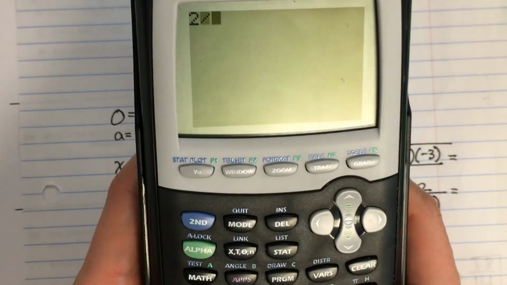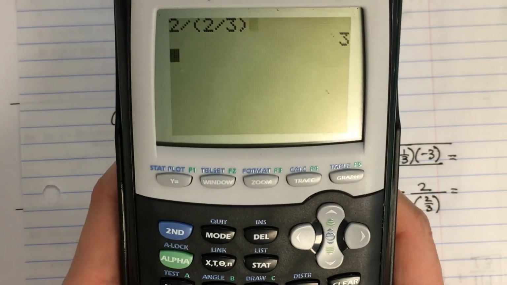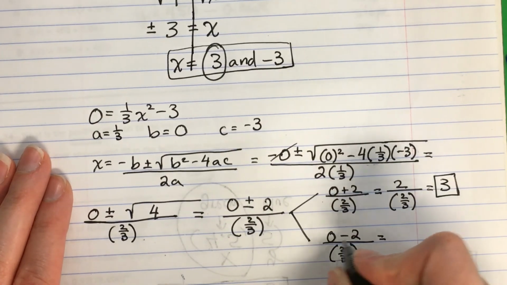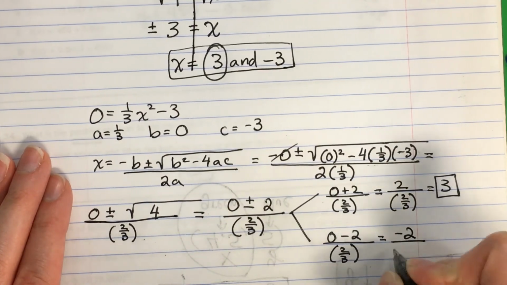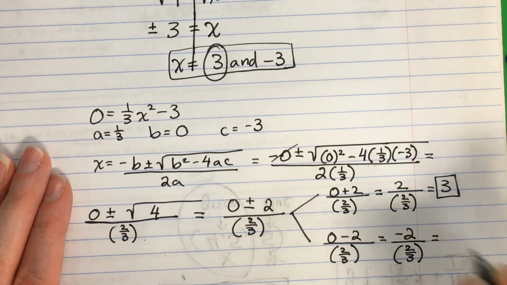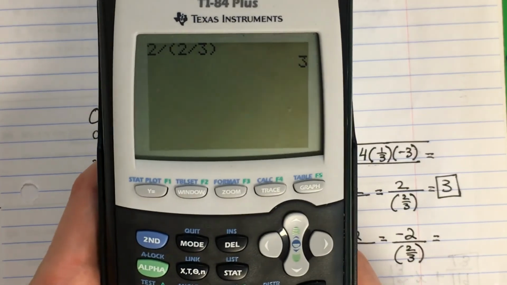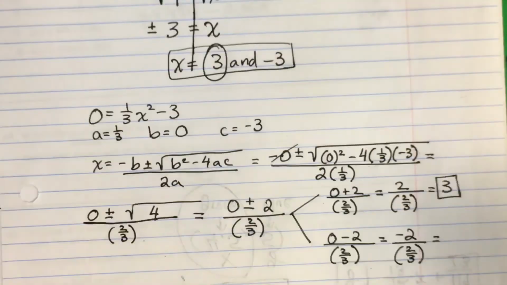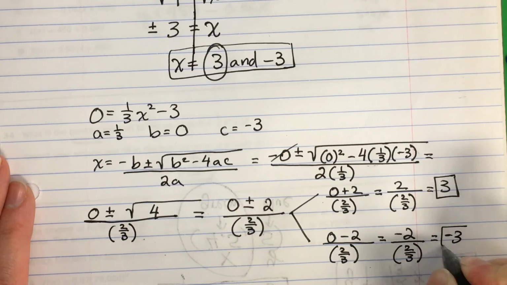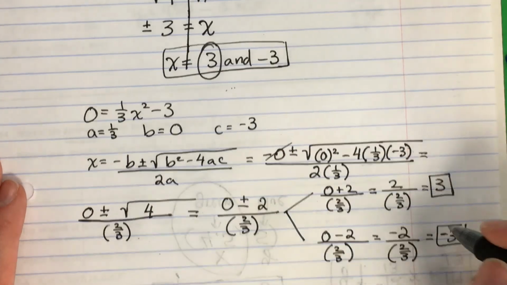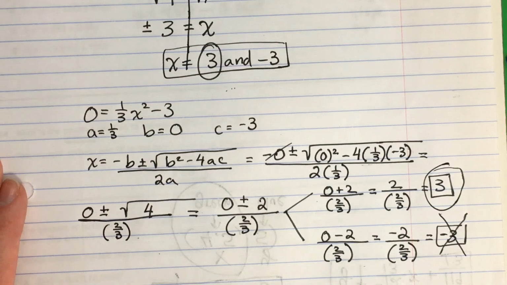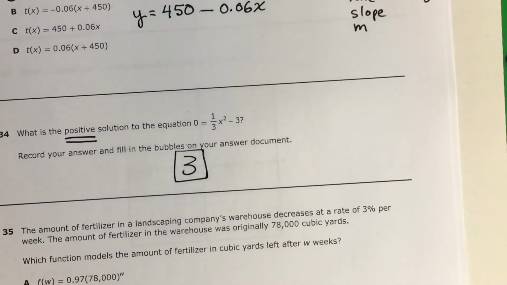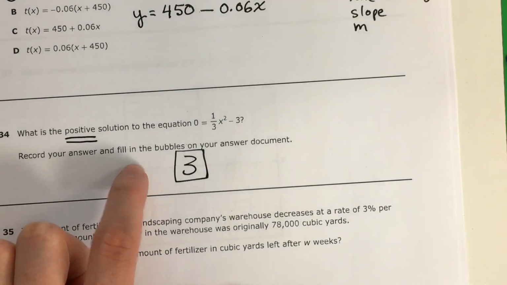So 2 divided by parentheses 2 divided by 3 parentheses, that's 3. Then this one, 0 minus 2 is negative 2 divided by 2/3. Negative 2 divided by parentheses 2 divided by 3 parentheses, that's negative 3. Okay, the same like we had up here, but remember I want the positive number, so that would be the answer. So the answer for number 34 is 3.